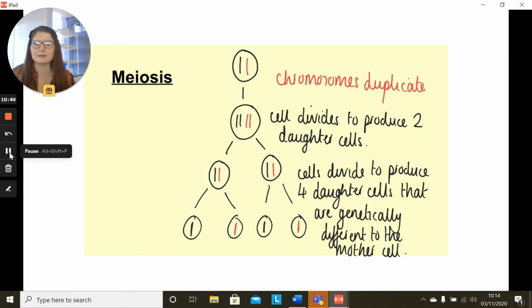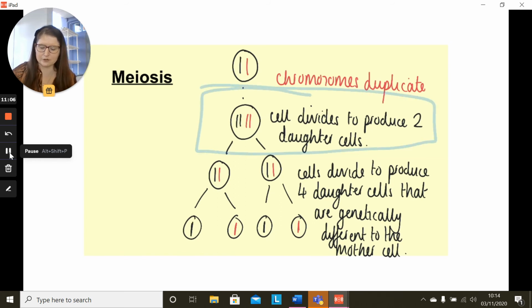As we're producing gametes, we know that when the sperm fertilizes the egg, they combine together. So we only need half the number of chromosomes in a sperm cell and an egg cell, because we get half our DNA from mum and half from dad. And that's how we end up with our pairs. Again, in the exam, they will leave out this bit.